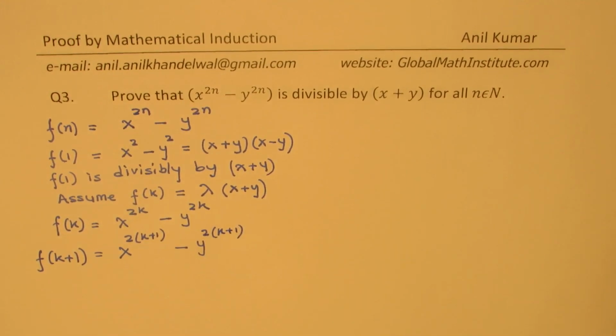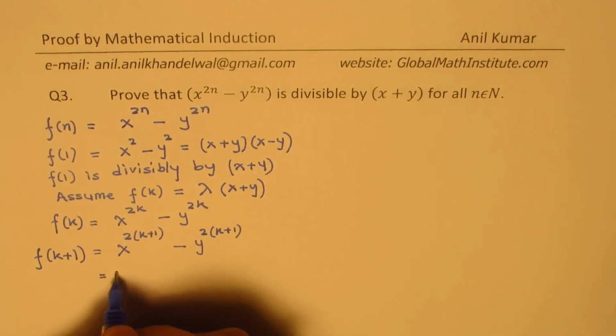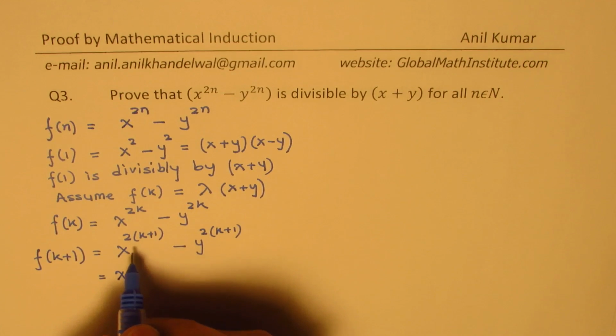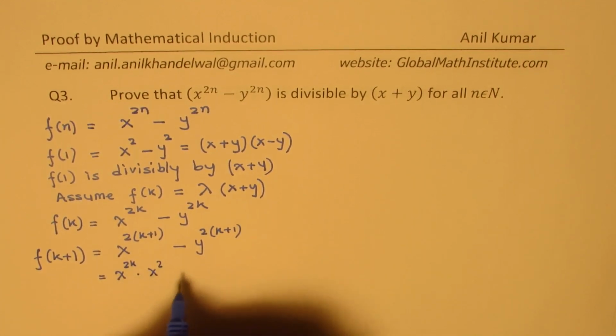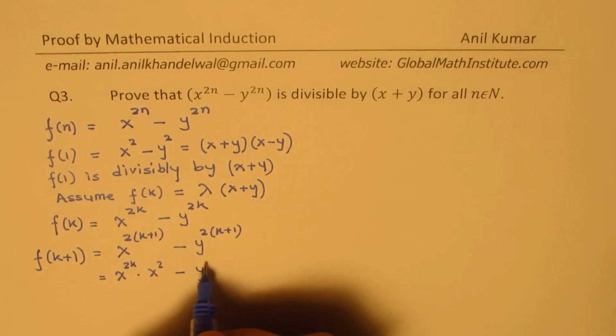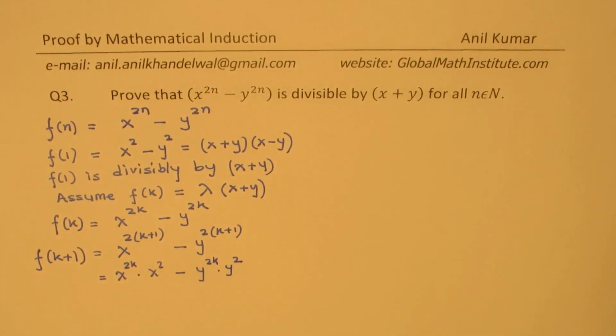Correct? That is what we need to prove. So what is this equal to? We can write this as x to the power of 2k times x squared minus y to the power of 2k times y squared.